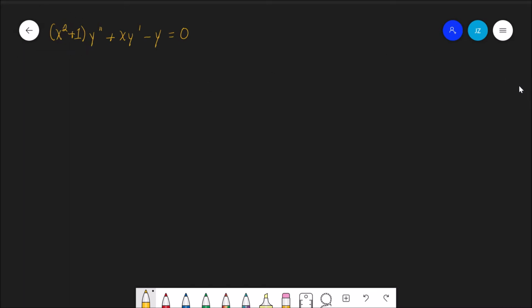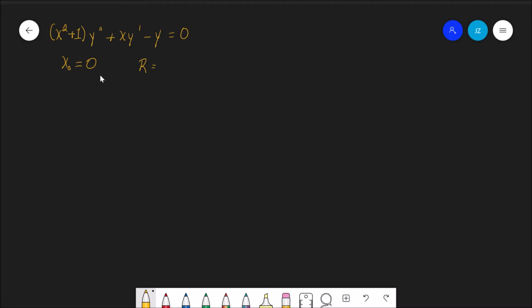For simplicity of algebra, we will always use x naught equal to 0. This is an ordinary point. So the r is the distance from 0 to the closest singular point. Well, plus or minus i are both equidistant from 0.